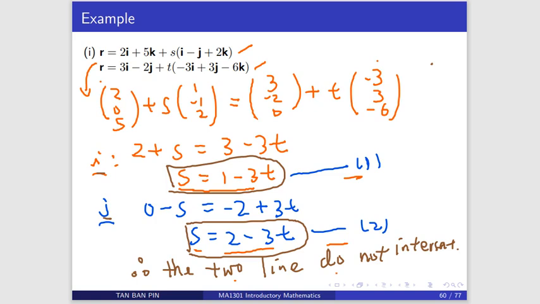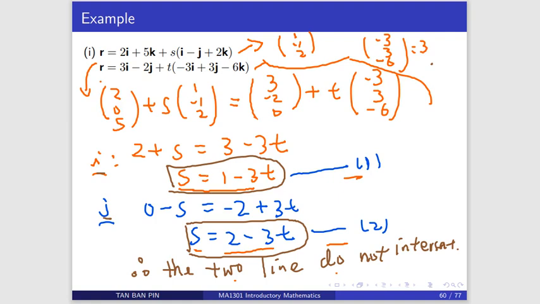But if you look at the direction vector, you'll find that the first one gives you (1, -1, 2). The second one gives you (-3, 3, -6), which you can take out a 3.